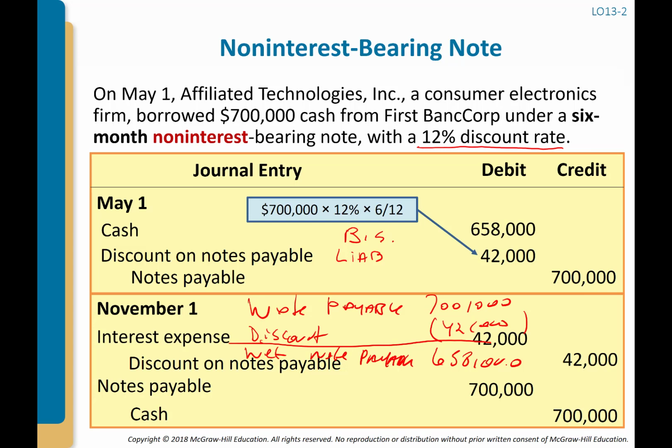Now, you're saying, well, how is that the present value? Well, if you were to take a look at this transaction, I'll put this up on the board here. We have $700,000 times the present value of a dollar factor is going to equal the 658,000 that was given to us in this example, right?